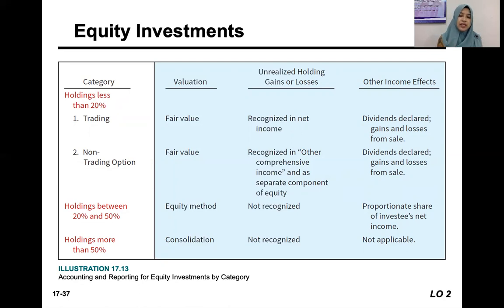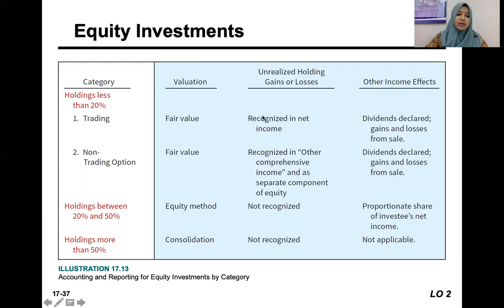The valuation of both categories will be at fair value, but it is different. For trading equity investments, any changes in fair value at the end of the accounting period will be recognized in the net income, or in the income statement.